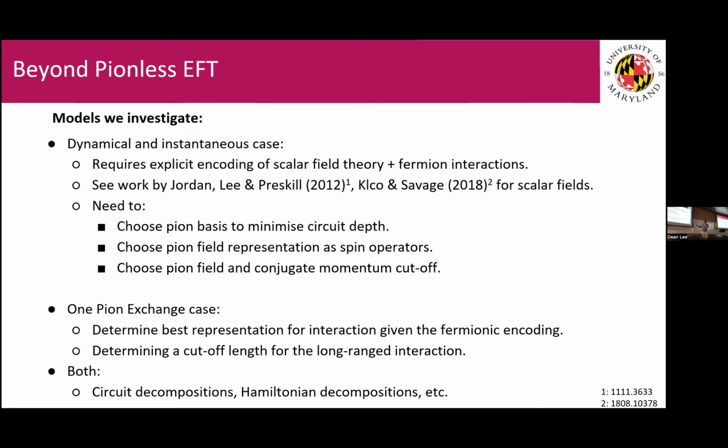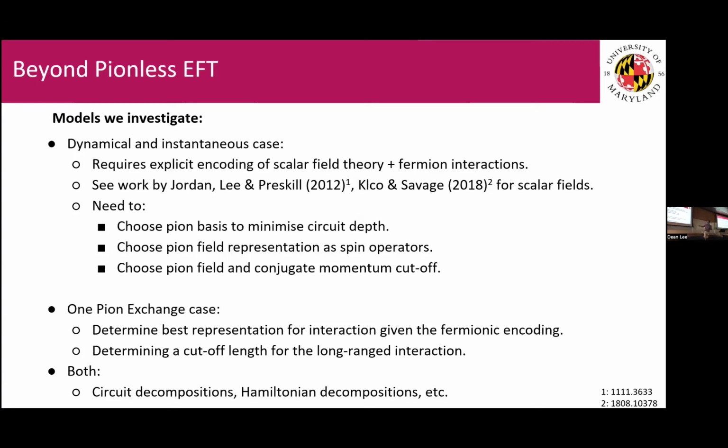When you introduce these pion fields, there are a lot of details that you have to work out. How to encode these scalar field theories with these fermionic interactions. There are a lot of encoding schemes for this. And with those encoding schemes, you have to talk about choosing a pion basis. You should talk about representing your pion field as spin operators. And you choose cutoffs for your pion field and conjugate momentum.